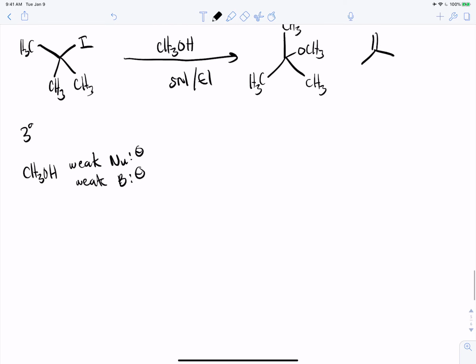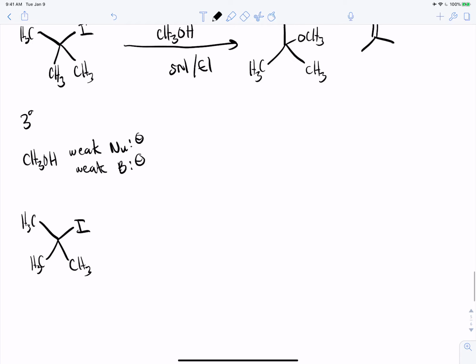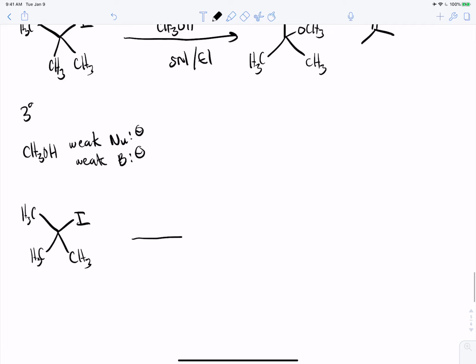Okay, so I like these problems they're giving us because this is how I like to learn in general: I take whatever example I understand and then I just screw with that example until I come to a place where I don't understand it. And so we're using the same substrate now, but we're taking methoxide and we're going to see what that does.